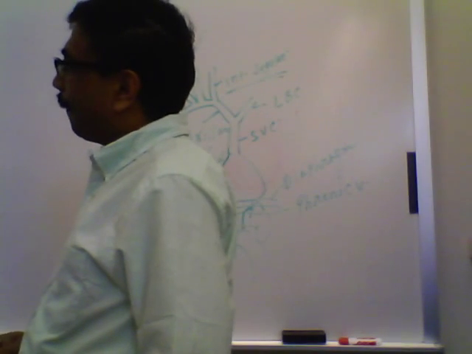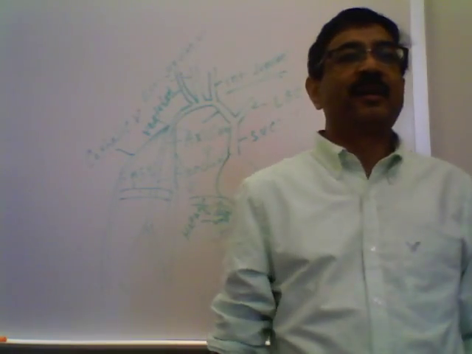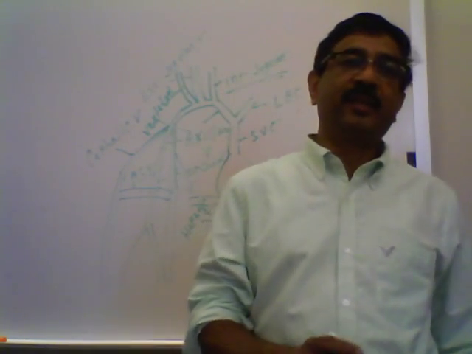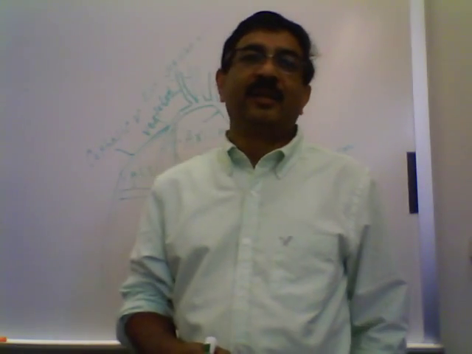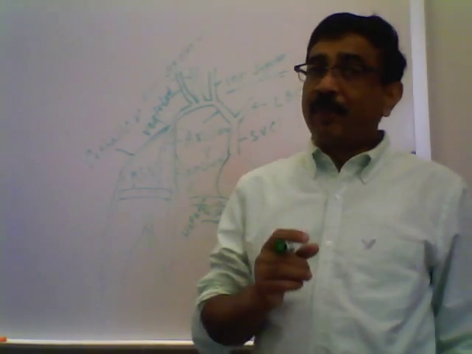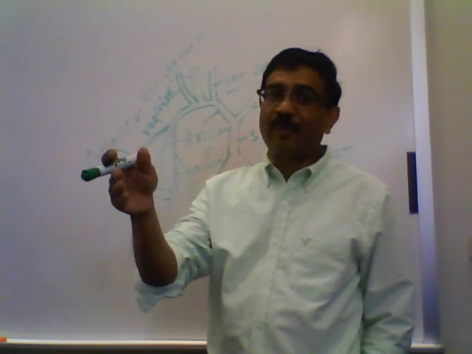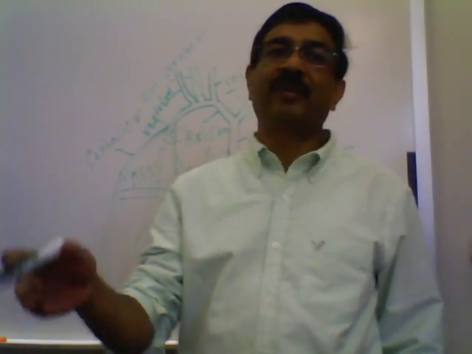Now, when the femoral vein goes to the back of the knee, it is called what? Popliteal vein. And from the upper part of the popliteal vein, now another large vein arises. That is called the small saphenous vein.